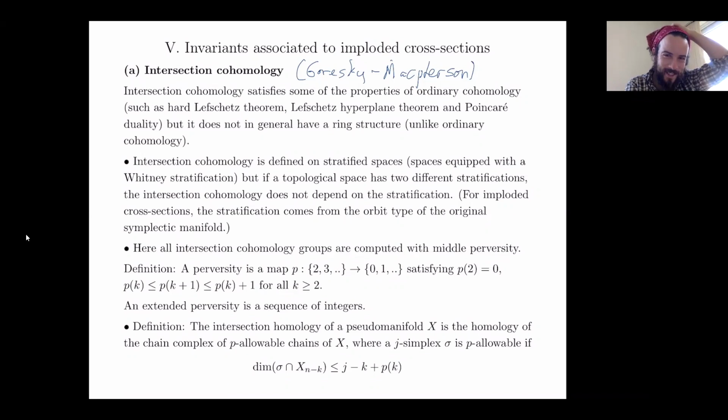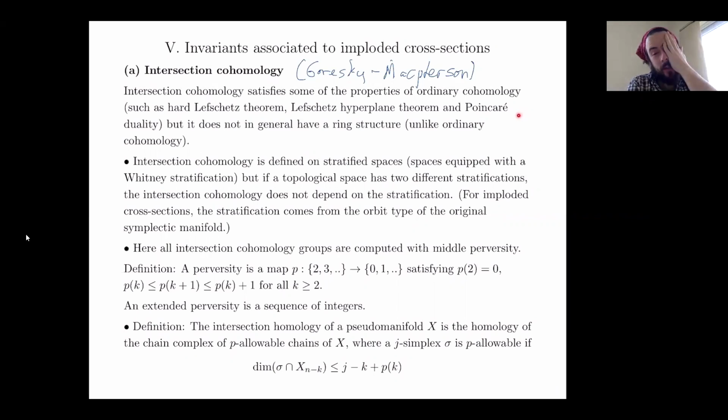Yeah, how far you are away from transversality. But intersection homology does satisfy many of the properties of ordinary cohomology, such as Lefschetz hyperplane theorem, Poincare duality, hard Lefschetz theorem. It does not have a ring structure.